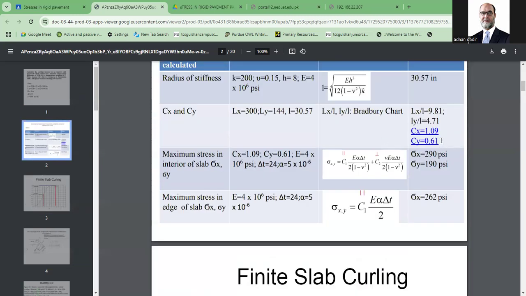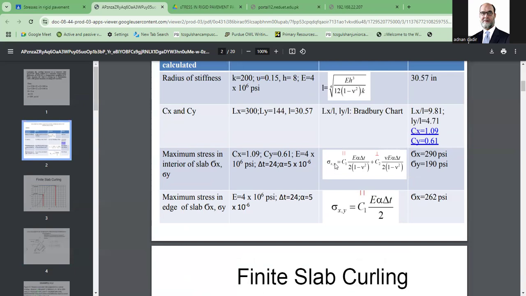Once we know these values, our third step is to calculate the maximum stress in the interior of the slab, and this also has been given in the equations that are ready there in the book.